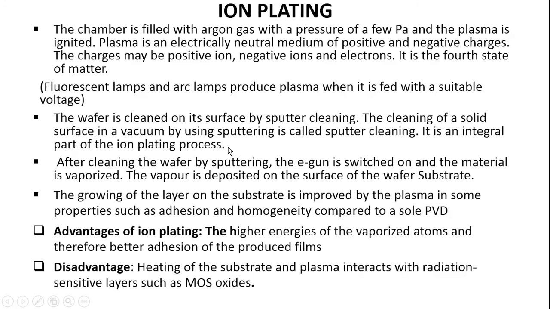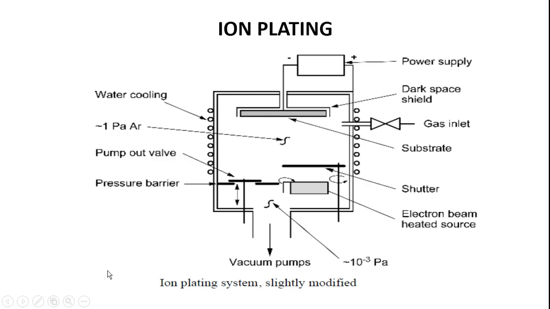In ion plating, the substrate surface must be cleaned very well, and that is usually done with sputter cleaning. After cleaning the wafer by sputtering, the E-gun is switched on and the material is vaporized. The E-gun is the source I have told you about; it means electron gun, the electron beam producing gun.